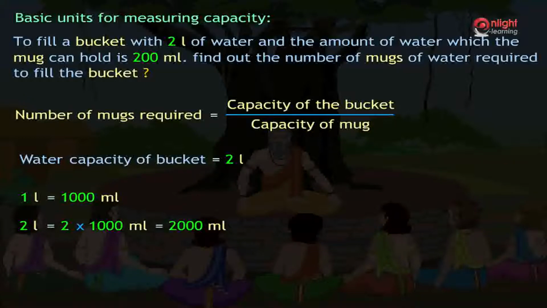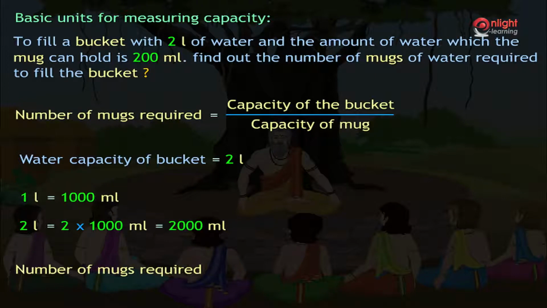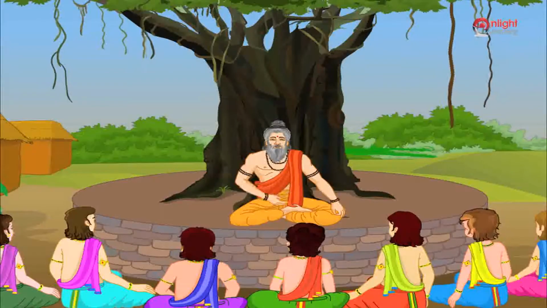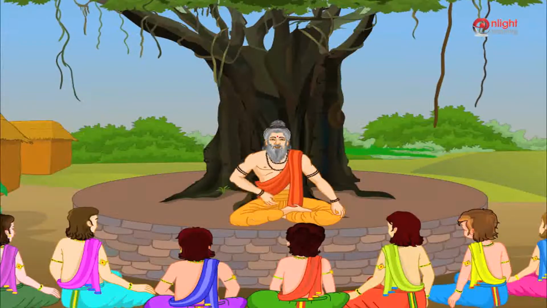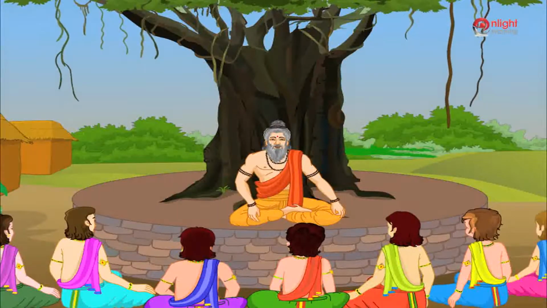As the water capacity of both the bucket and the mug is expressed using the same units, we can divide them. Now, the number of mugs of water required to fill the bucket equals 2000 divided by 200, which equals 10 mugs. Let us solve some simple problems to improve our understanding of this concept.